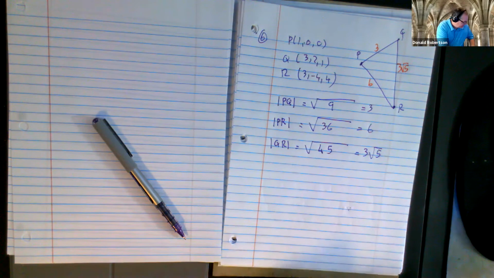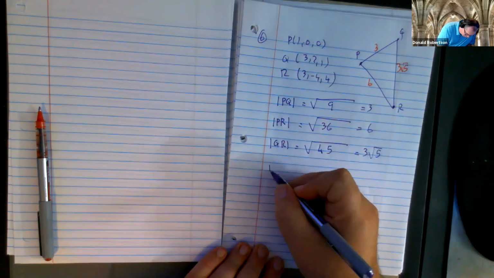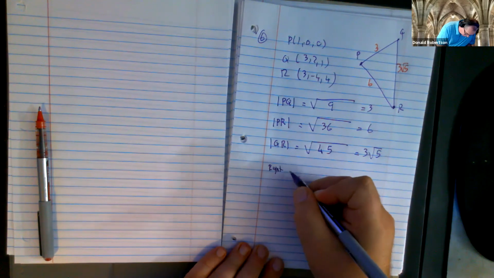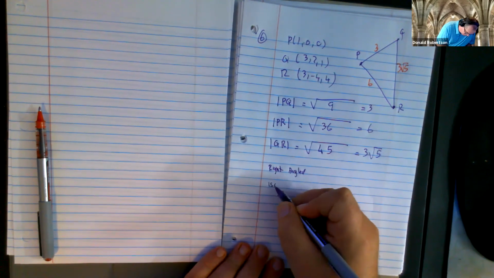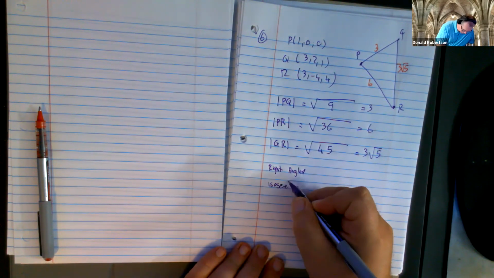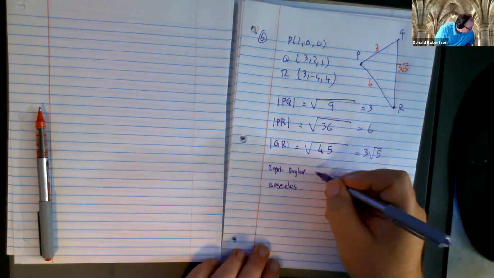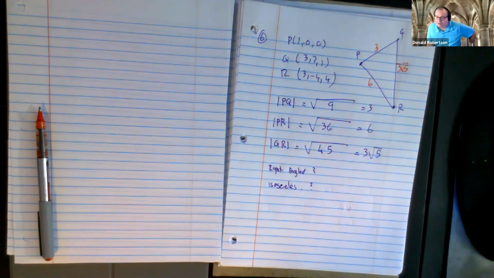Right, now, is this triangle right angled or isosceles? Do you spell it isosceles or isosceles? And it could be no in both cases. So how do you test?